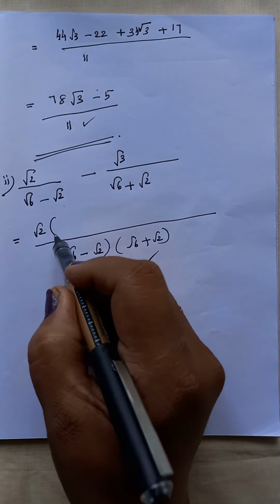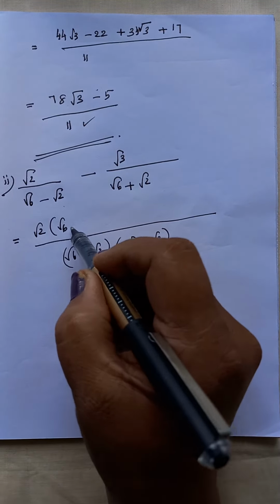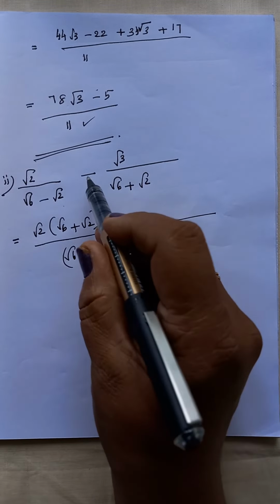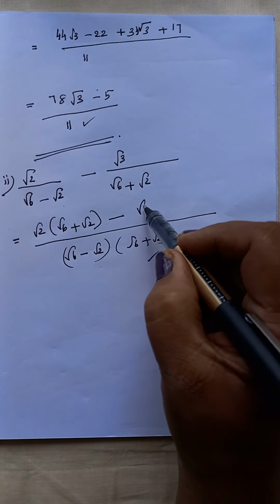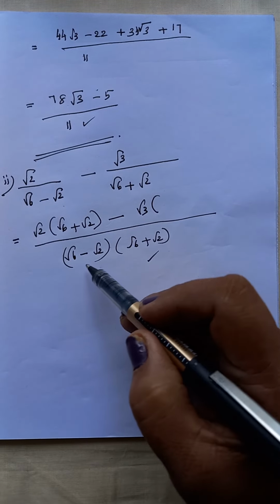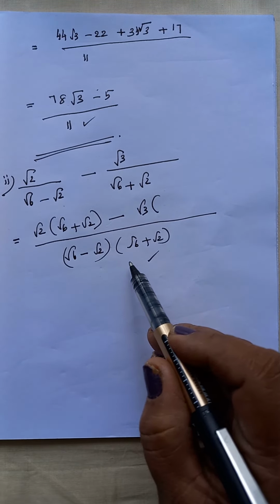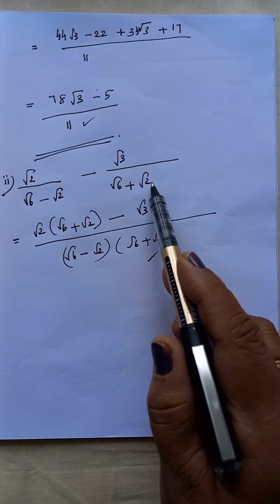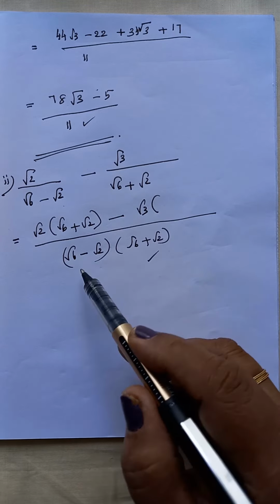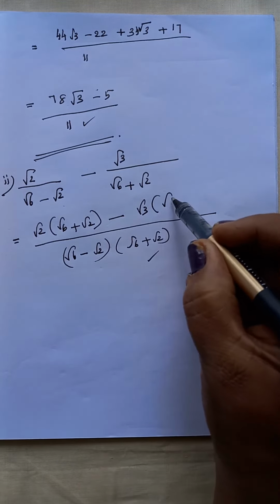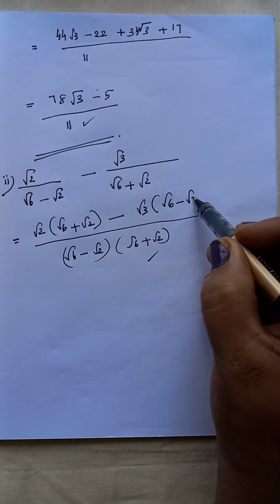So here root 2 into root 6 plus root 2, then this minus, then root 3 into this root 6 minus root 2 into root 6 plus root 2 divided by root 6 plus root 2 will give you root 6 minus root 2. That way to write here.